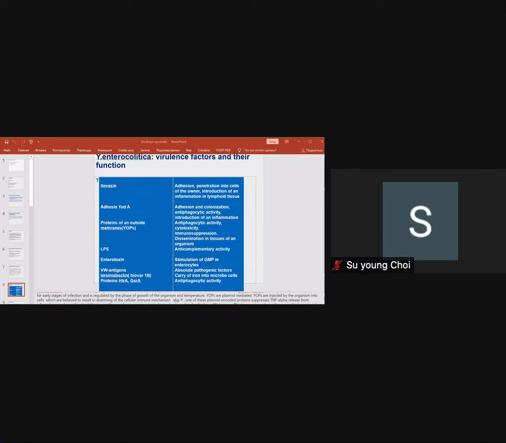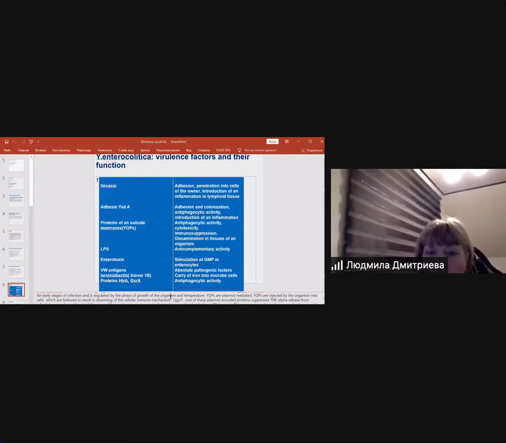And doctors, you can see that Yersinia species like iron and, for example, biovar 1b may use this iron for growth. If the patient has some problems with his blood, it may be a high level of iron in blood.